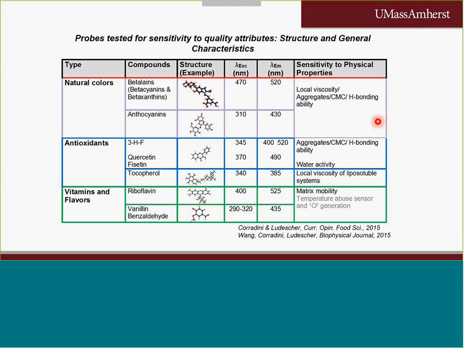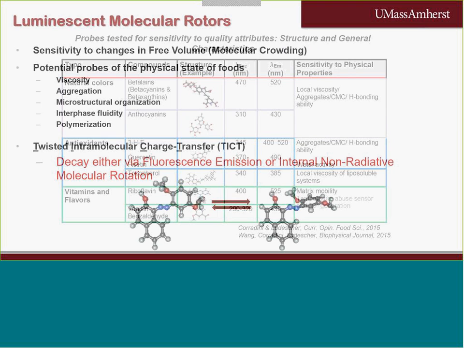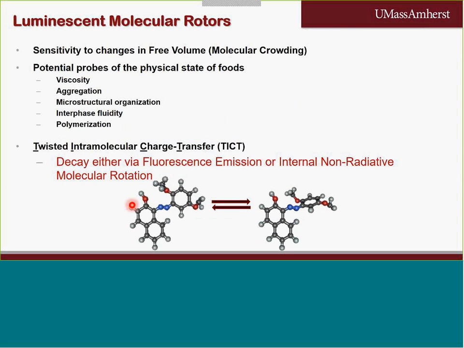Let's talk a little bit about molecular rotors. In molecular rotors, we are talking about molecules that usually have two segments that rotate around each other. This means that upon photoexcitation, they have the ability to exhibit two states, a planar state and a twisted state.